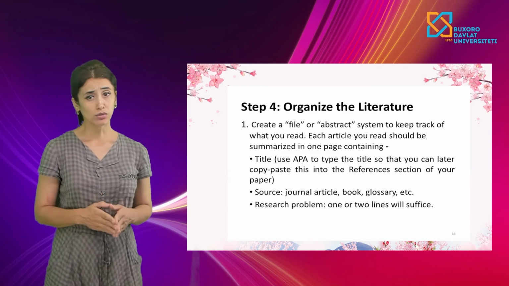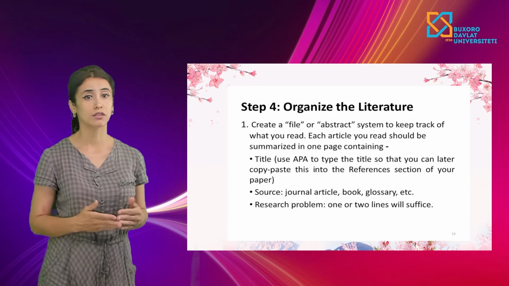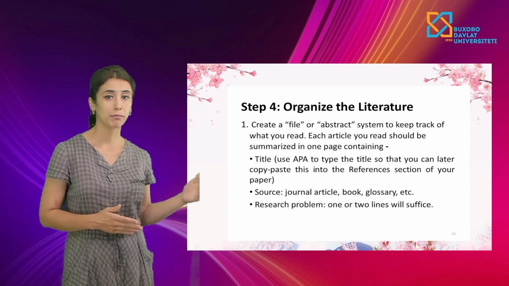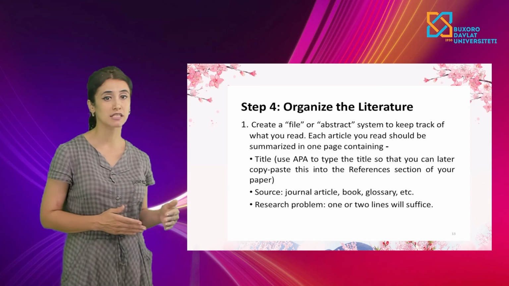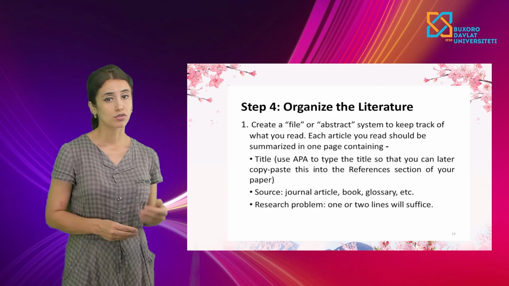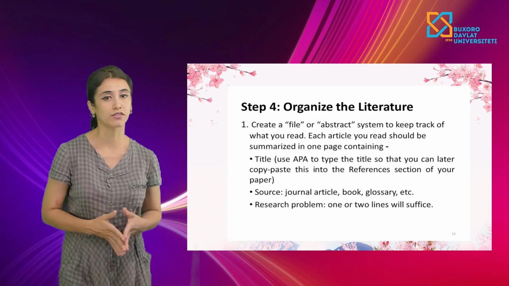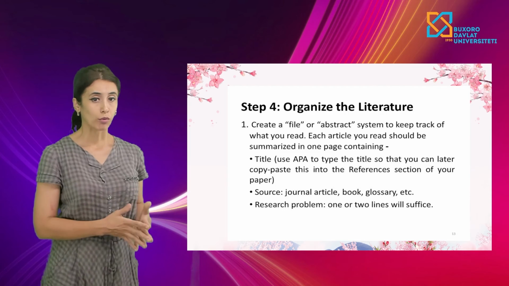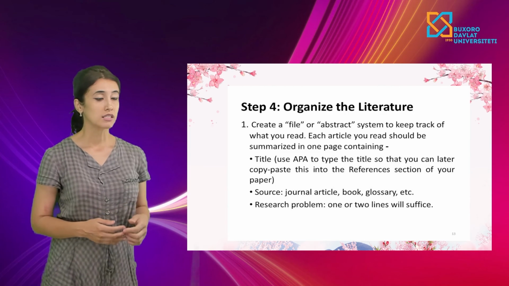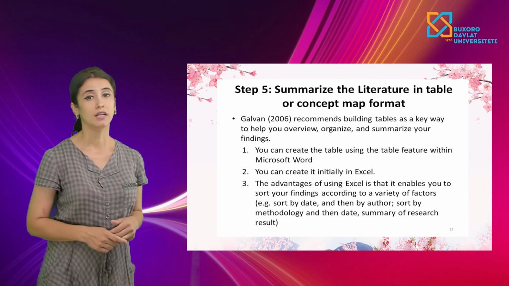Title: use APA to type the title so that you can later copy-paste this into the references section of your paper. Source: journal, article, book, glossary, etc. Research problem: 1 or 2 lines will suffice. It is enough.